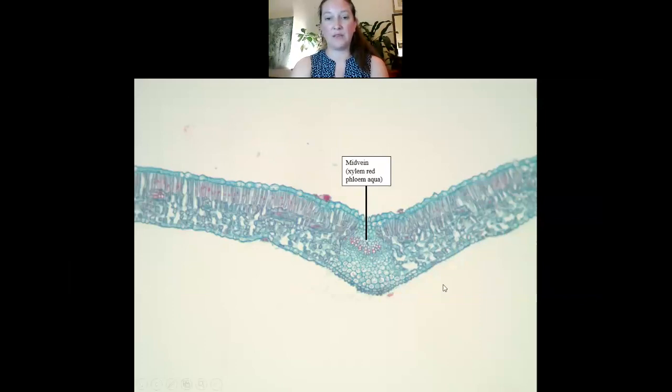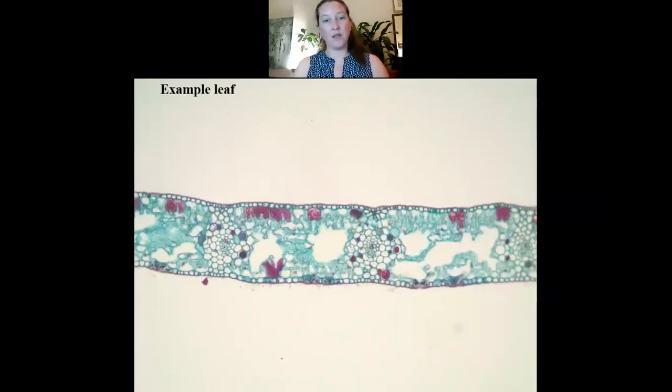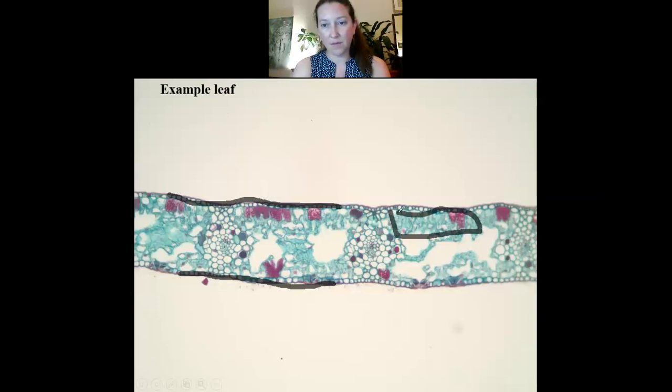Let's look at a different leaf. So here's a different leaf, and we could still see a lot of the same structures. So I give you this leaf unlabeled and then labeled on the subsequent slide. But I always like to start with the epidermis. So here's the upper epidermis. Here's the lower epidermis. I'll draw it over here: here's the Palisade mesophyll.